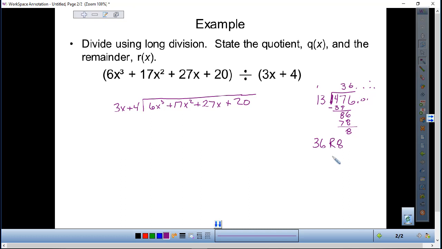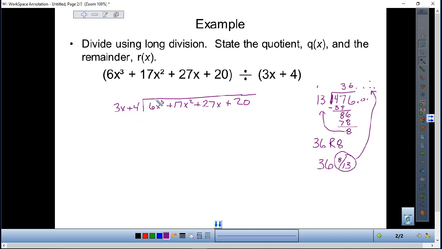You actually took this and you said 36 and you put the 8 over the 13. Well, guess what? That 8 over 13 is going to be exactly the same value as what your decimal is that you're going to find there. So the remainder over the divisor gave you the actual remainder, how much was not divided in, or gave you the rest of the answer. So we're going to look at how to do that as well.